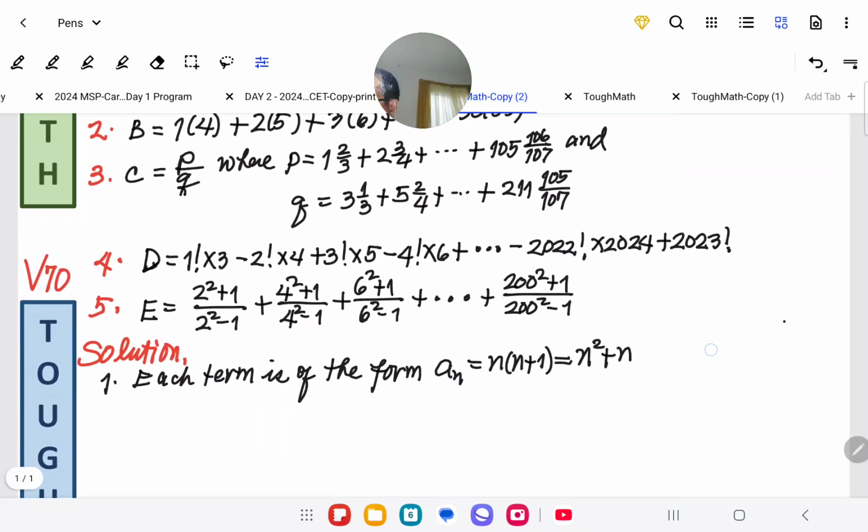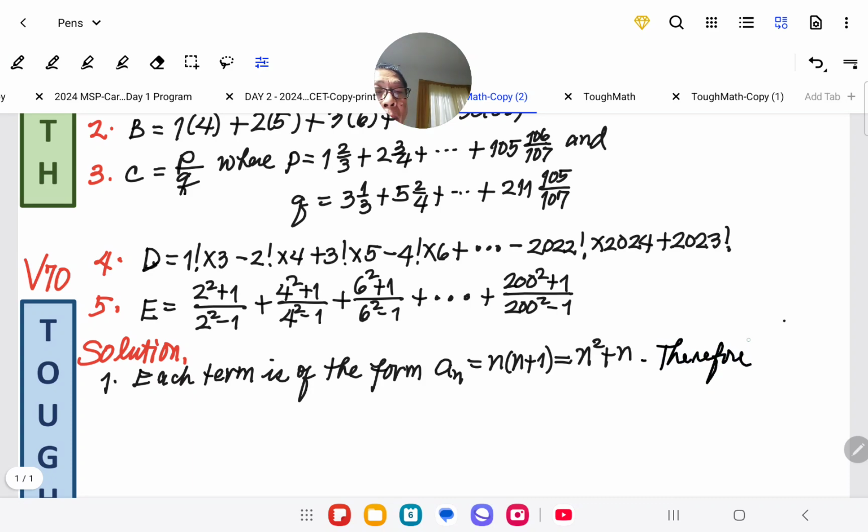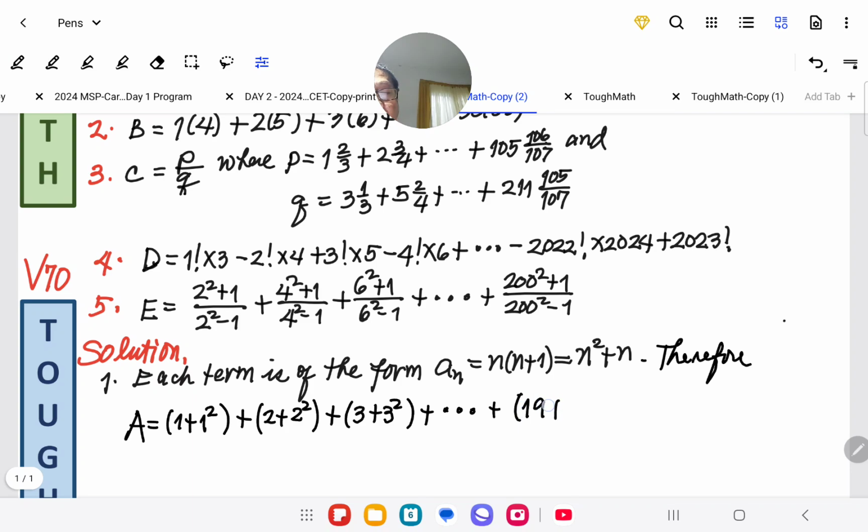So therefore A is the same as 1 plus 1 squared plus 2 plus 2 squared plus 3 plus 3 squared, and so on, plus 19 plus 19 squared.